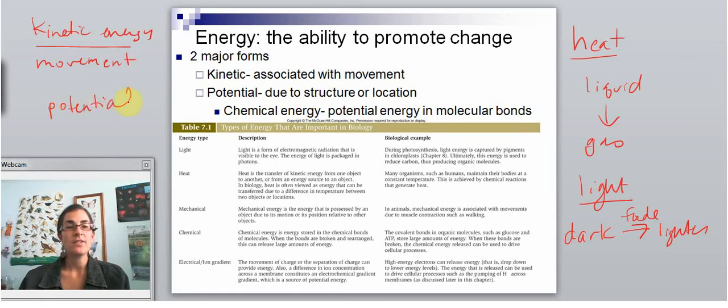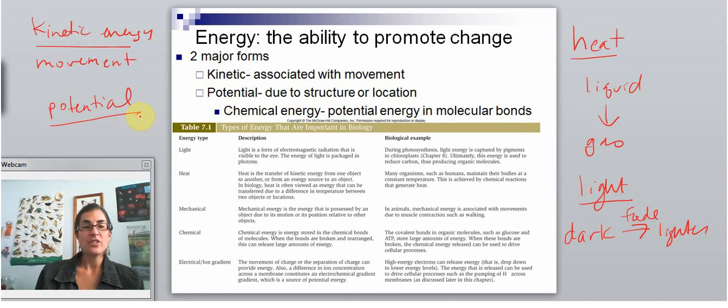Potential energy is another important form of energy. So potential energy is when there's the potential for change. So if energy is the ability to promote change, potential energy is the potential to promote change. And probably one of the most classic examples is involving gravity.